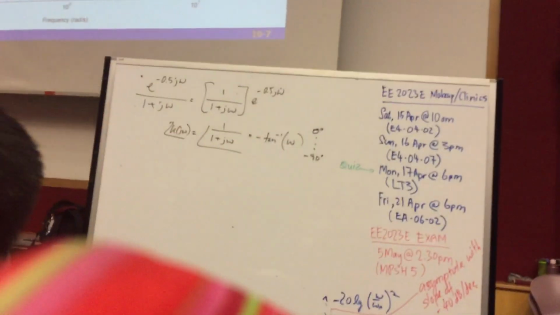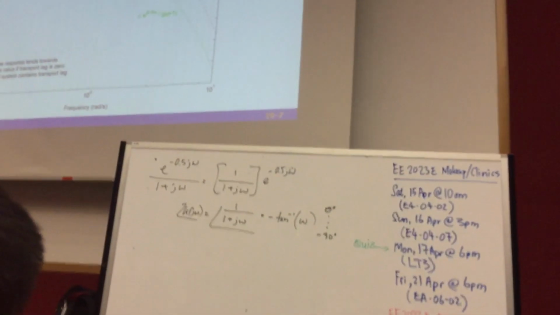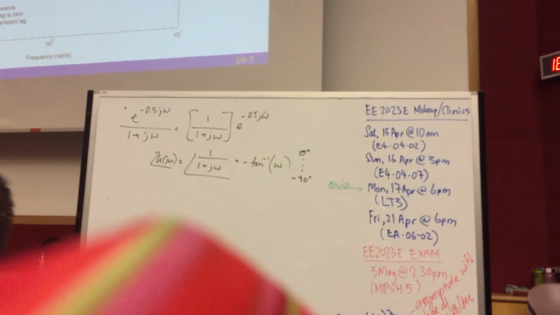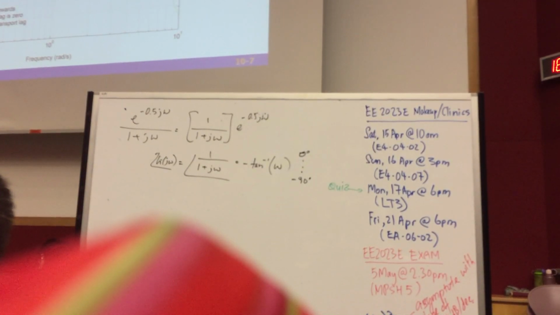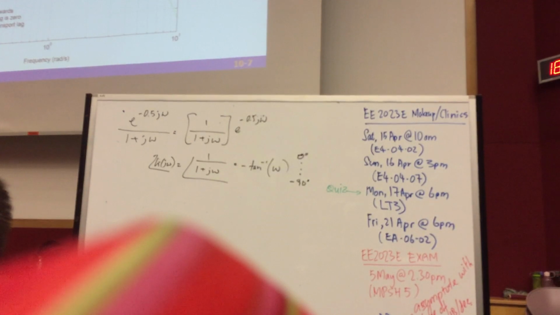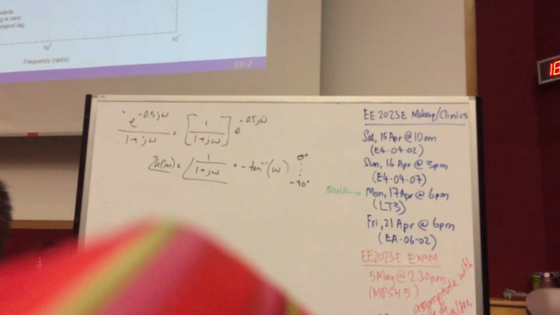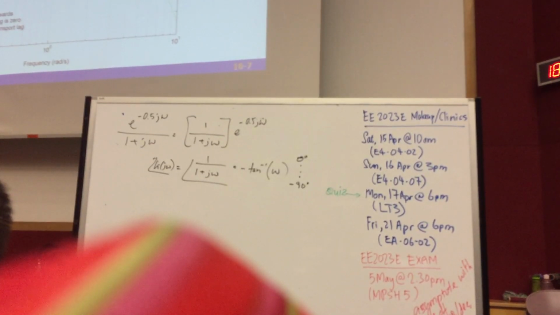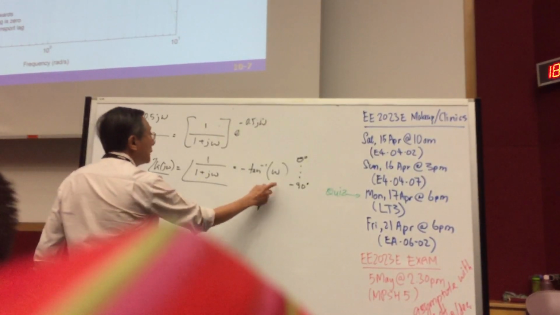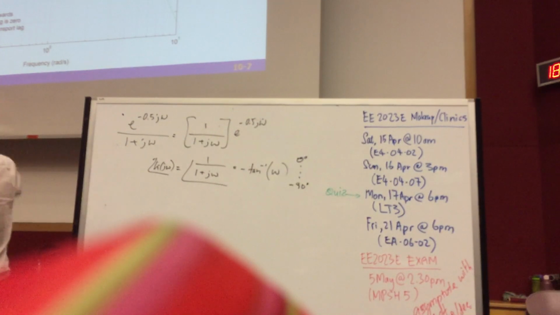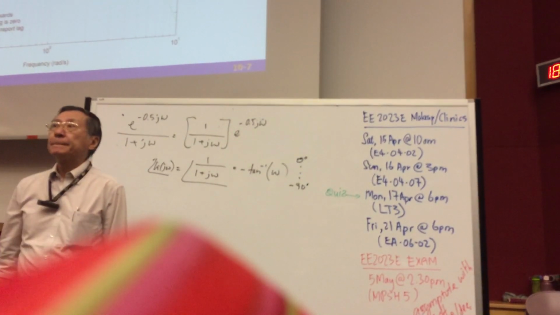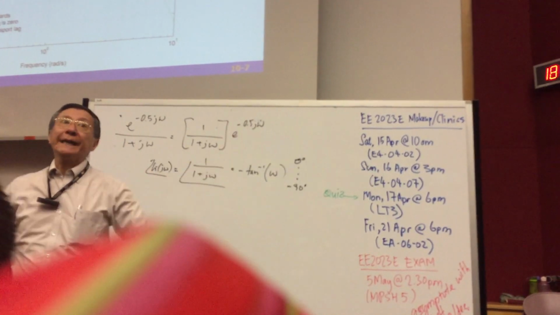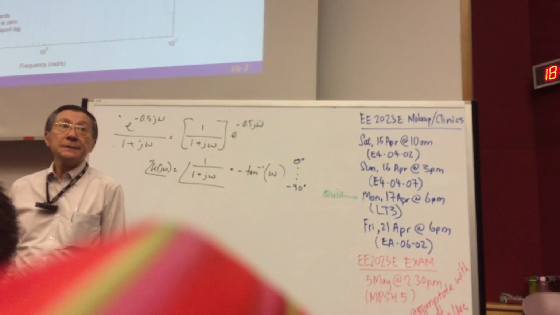First order system, it ranges from 0 to minus 90 degrees. Okay, at omega equals omega 1, it will be minus 45 degrees, because tau is 1 here. So corner frequency is 1 over tau, which is also 1. Okay? So if you plot this guy, that's the blue curve there. You see, you go from 0 to minus 90 degrees over 2 decades. Yeah, we did that last week.